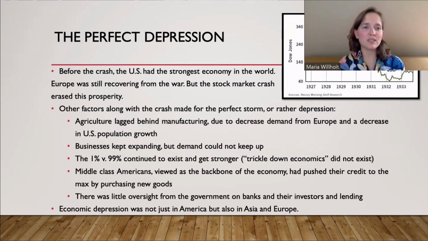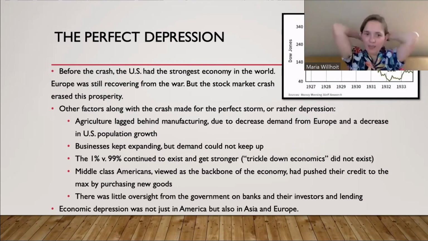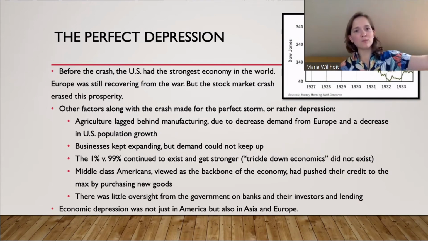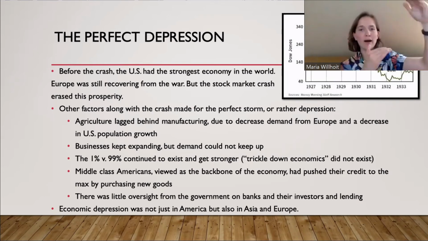There is a decrease in US population growth too, actually. Businesses kept expanding. This is part of speculation. Businesses kept expanding, but even though they were producing more, we weren't necessarily buying more. We did have a lot of consumerism, but businesses were producing more than we could buy. So you have an oversupply.